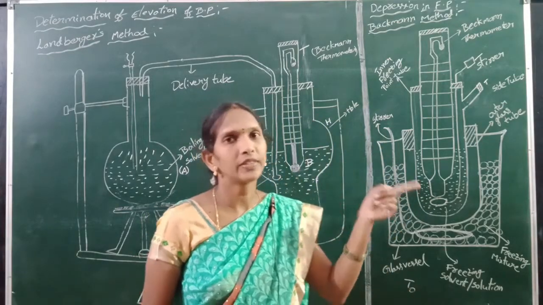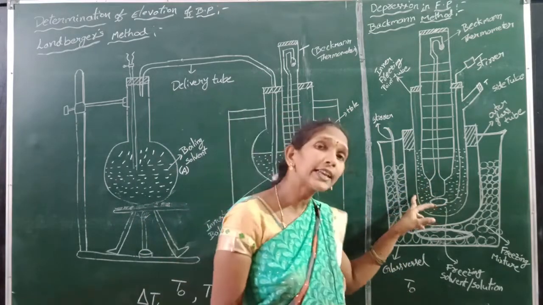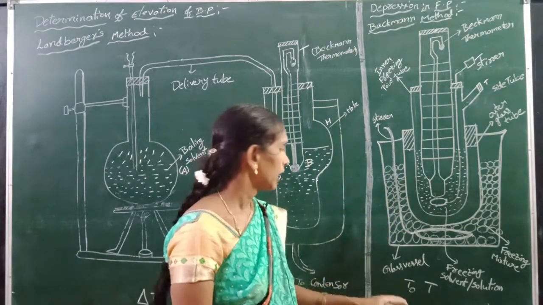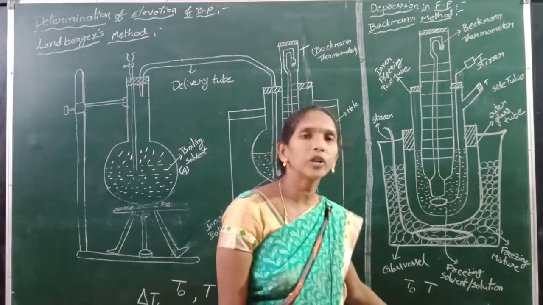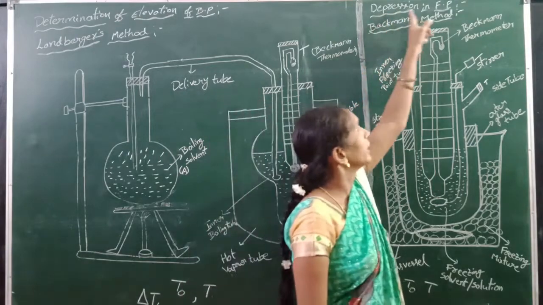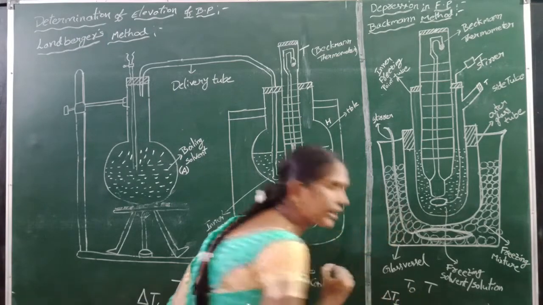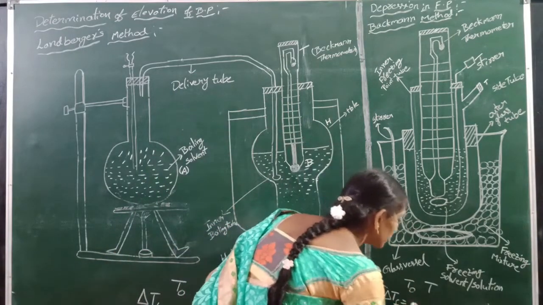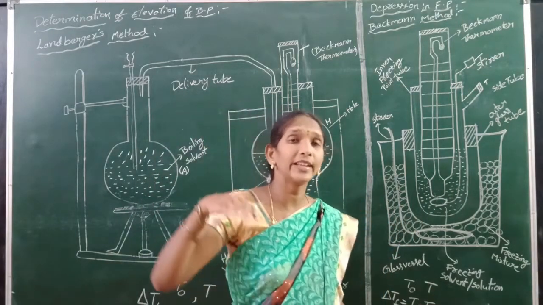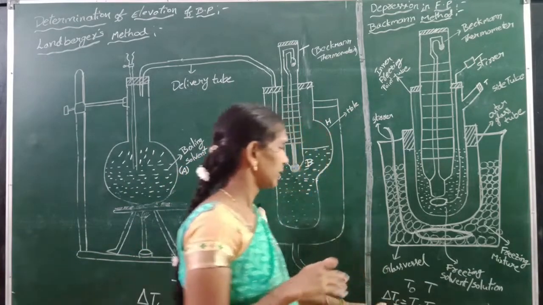Next, the freezing point of the solution, that is T. The difference between these two temperatures is called depression in freezing point, delta TF is equal to T0 minus T. Here the freezing point of the solvent is more than the freezing point of the solution, as already discussed.